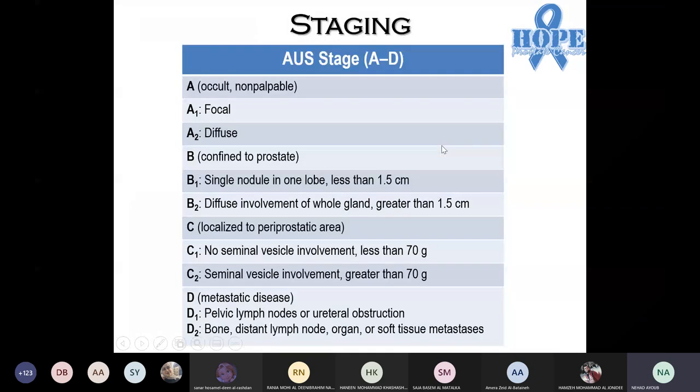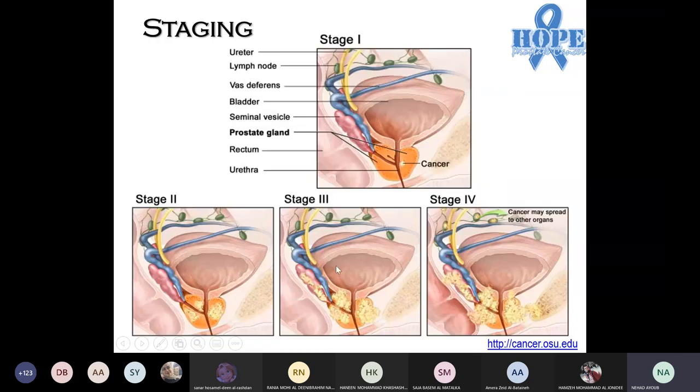هلا لما بنروح على stage D اللي يكافئها إحنا بالTNM stage 4 أوكي here now this is metastatic prostate cancer.